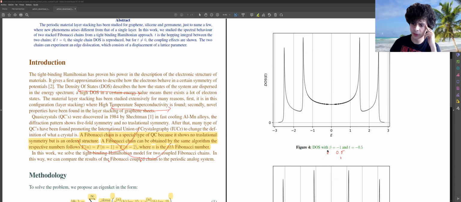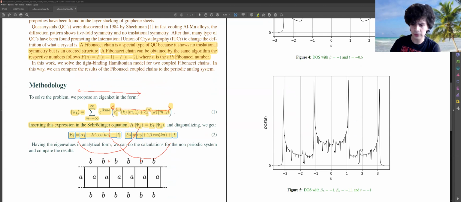Once we do this, we do the Fibonacci situation. What we see is not a very big difference from the periodic situation. These little gaps that are shown here are because of Fibonacci, since the way the β parameters are arranged in the chain is in some way random, but ordered.